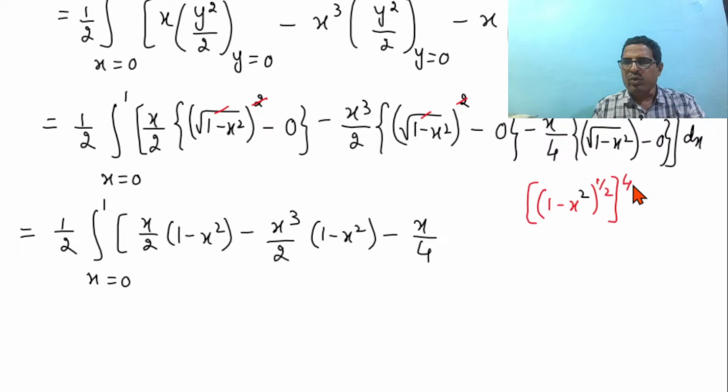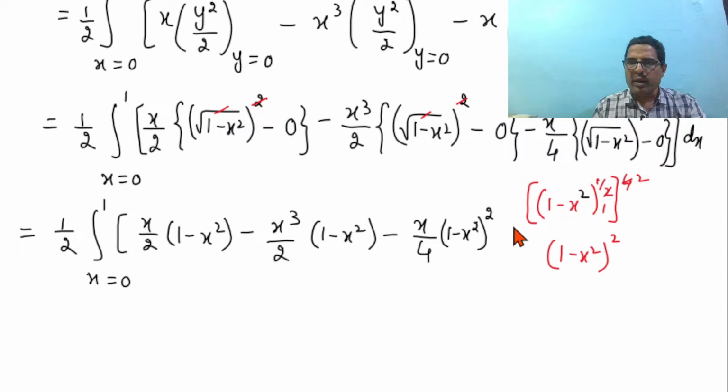So, it is 1 by 2 to the power of 4. You can cancel out 2 1 times, 2 2 times. So, will it become 1 minus x square to the power of? The power 2 it becomes, because this is to the power of half, that is raised to the power of 4. It will cancel out, it becomes to the power of 2. Therefore, this value is nothing but 1 minus x square whole square times dx.